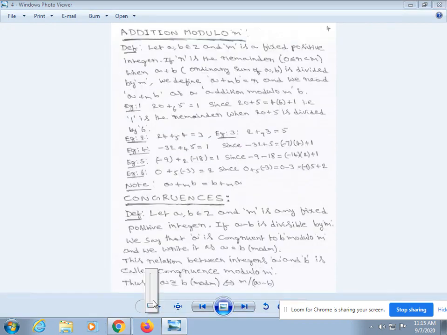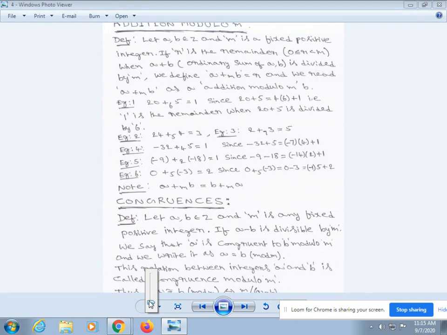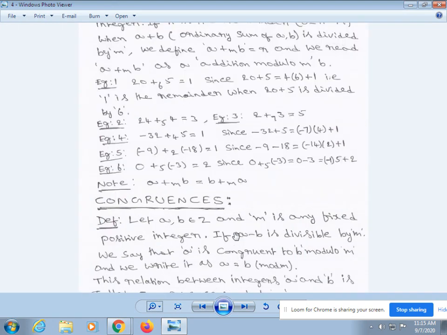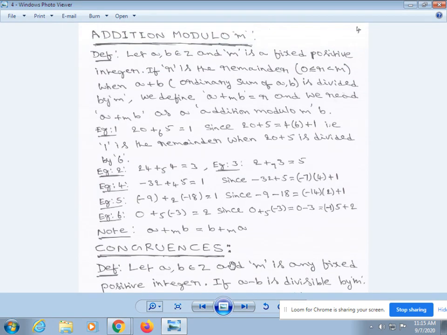Next, we will discuss the next concept, addition modulo m. Definition. Let a, b be any two elements which belong to Z and m a fixed positive integer. If r is the remainder, where 0 is less than or equal to r, less than m, when a plus b, the ordinary sum of a and b, is divided by m, we define a plus b modulo m equal to r, and we read it as addition modulo m.